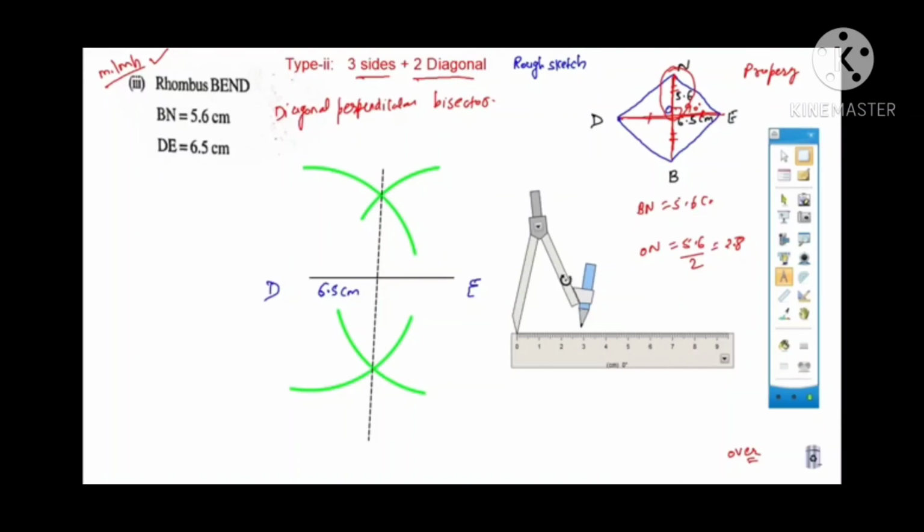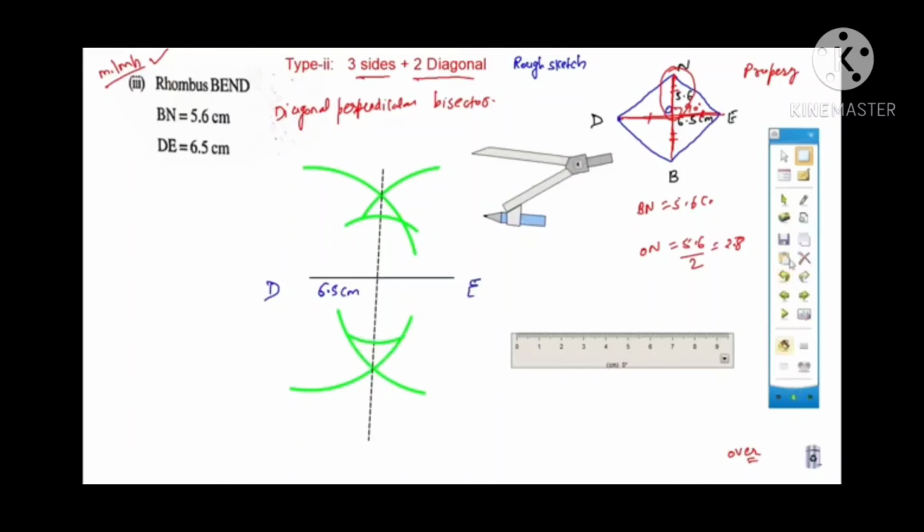So by measuring the 2.8 centimeter by using ruler and a compass, what you have to do? Measure 2.8 centimeter, that is half of a given diagonal. Cut an arc on a diagonal. What you have drawn, no? On that you have to cut the arc, that is 2.8 centimeter.